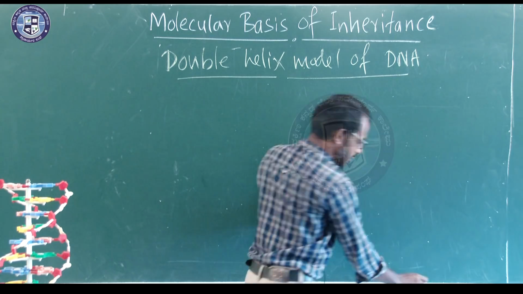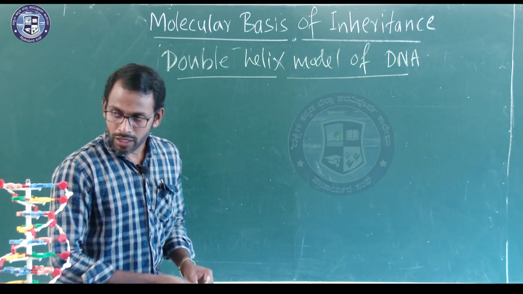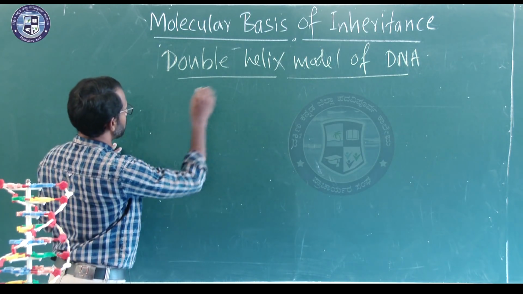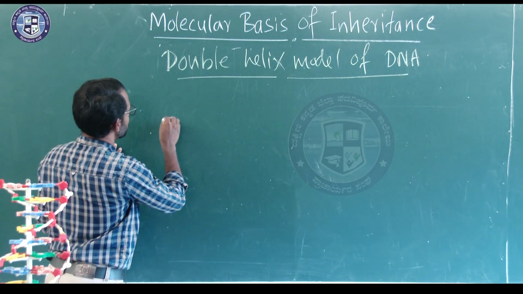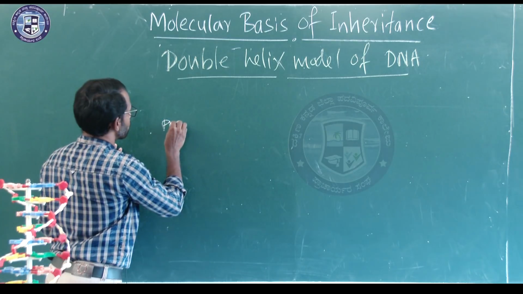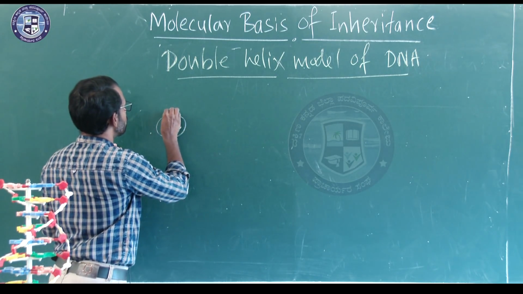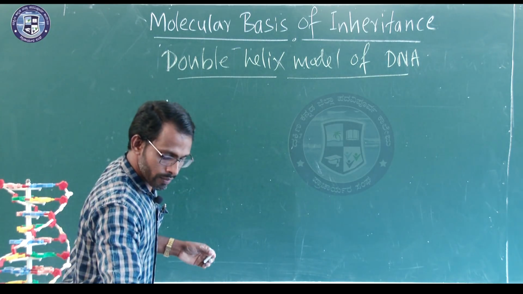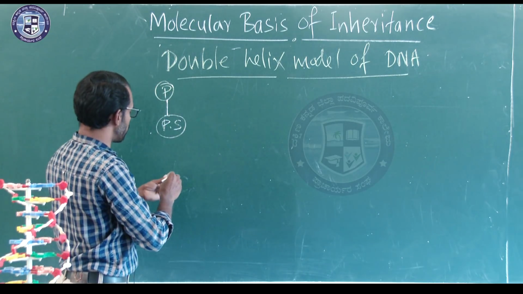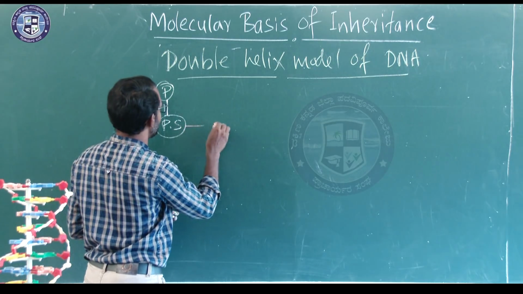In the structure of DNA, it is the combination of a pentose sugar joined with a phosphate group and a nitrogen base.